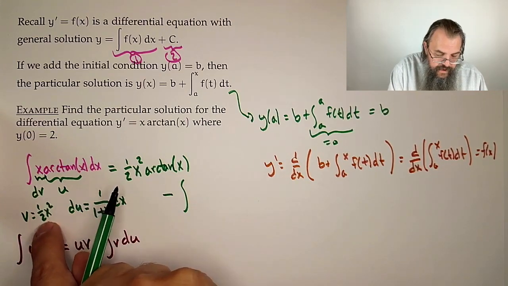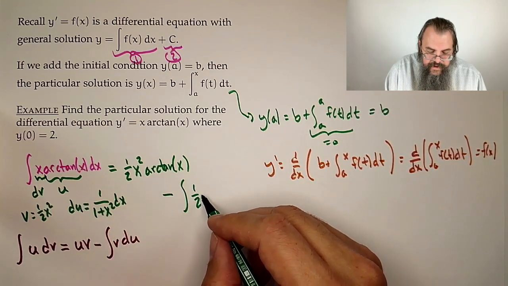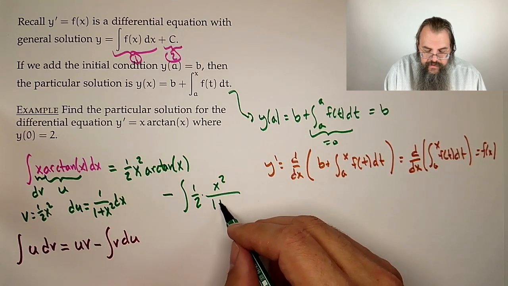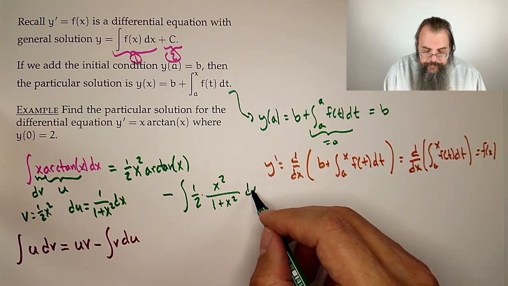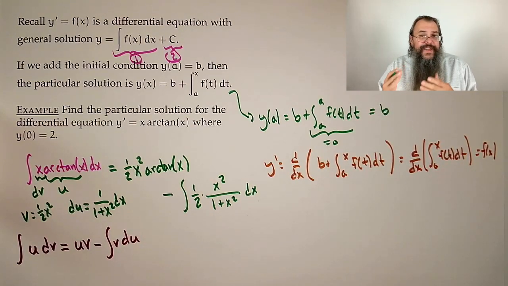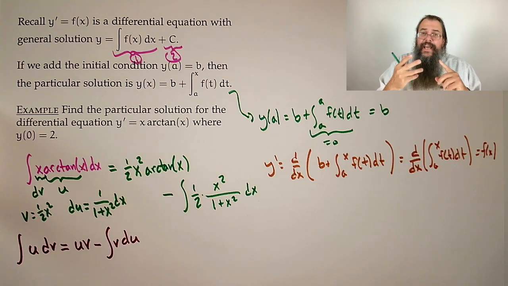So v times du: there's a half, and then there's x squared over 1 plus x squared.